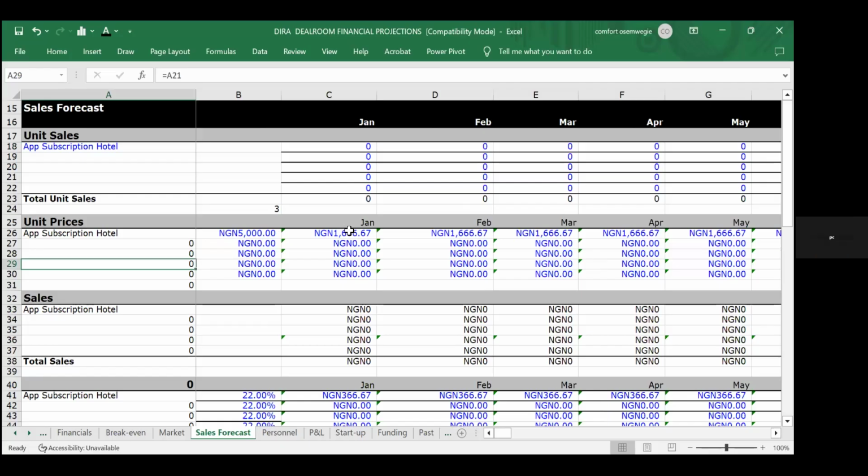It's capturing something from the unit sales and then the 5,000 and something from the unit sales. The total unit sales. Yeah.